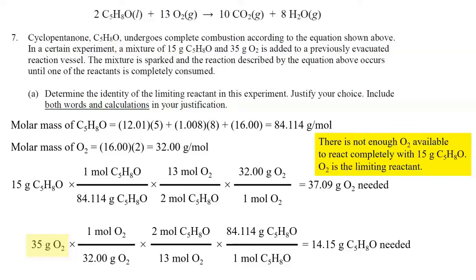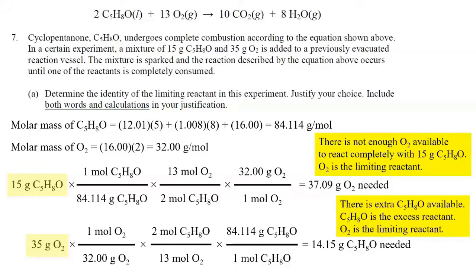So O2 is the limiting reactant. And if we go the other way, I have 15 grams of cyclopentanone available, but only 14.15 grams is needed. So there is extra cyclopentanone available. That makes the cyclopentanone the excess reactant, and O2 is the limiting reactant. Again, there's more O2 needed than is available, so I don't have enough O2 available. That's what makes O2 the limiting reactant.